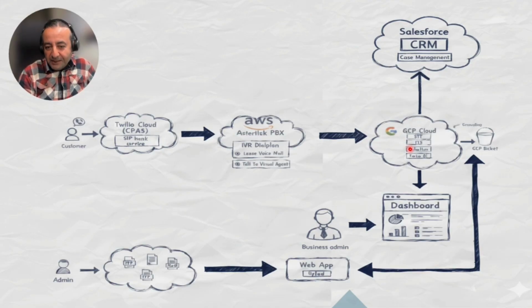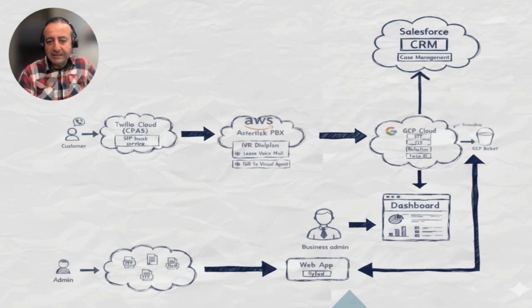The last step is what you see here between the GCP and the CRM, Salesforce in our case. Finally, once the conversation concludes, all the data, the transcripts, the insights generated, the customer information, the interaction details, all of it will be automatically pushed via API to our CRM system. In this case, it's Salesforce.